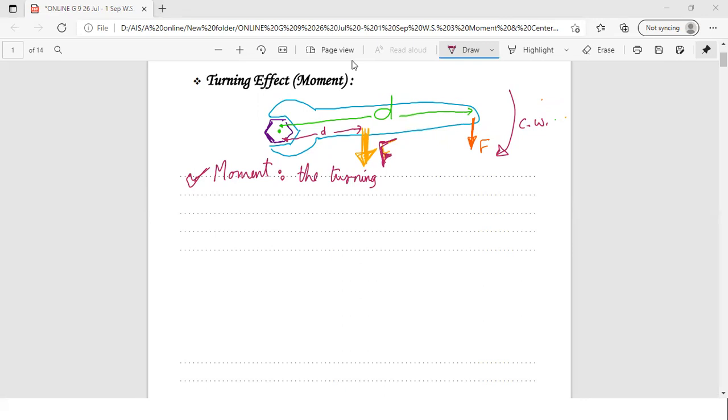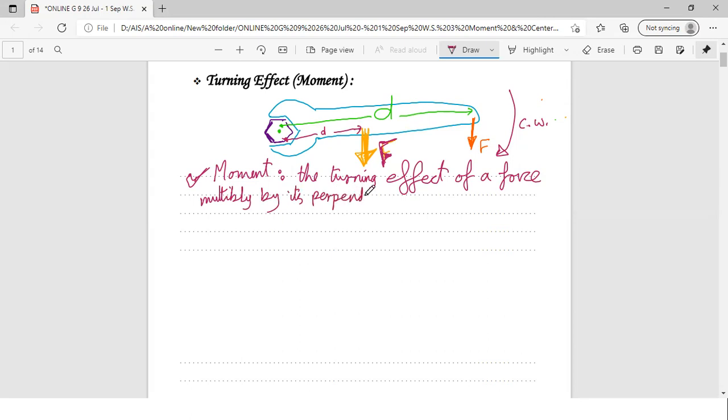Yes, bless your hands. Okay, the turning effect of a force multiplied by its perpendicular distance to the pivot.